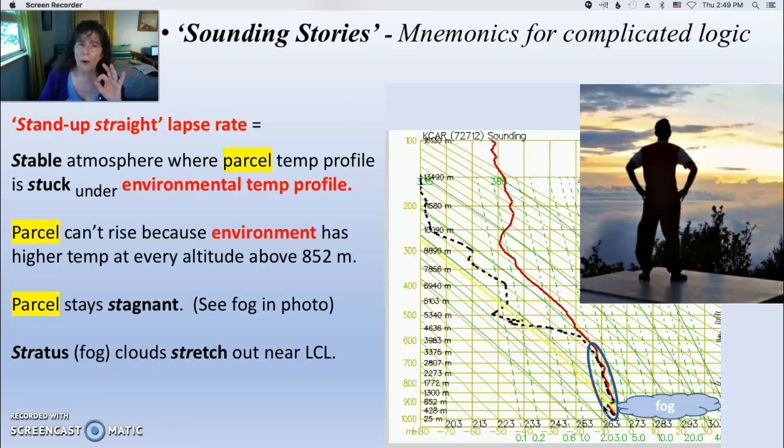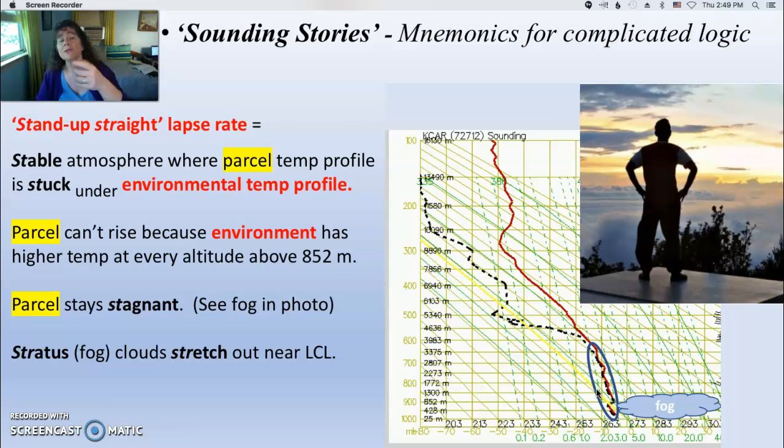In terms of the parcel that's involved in it, we can use other mnemonics for the parcel. We can say that the parcel temp is stuck underneath the environmental lapse rate in a stable atmosphere. We can say that the parcel stays stagnant in a stable atmosphere.